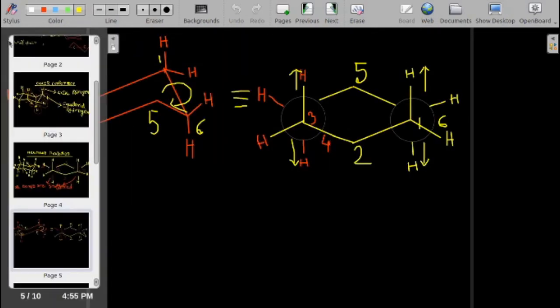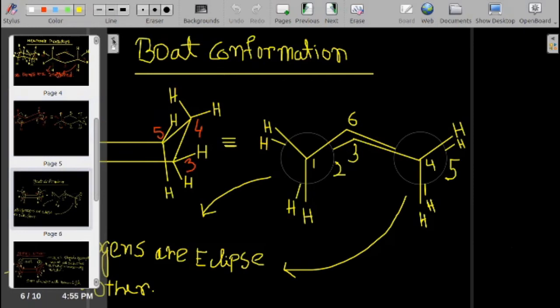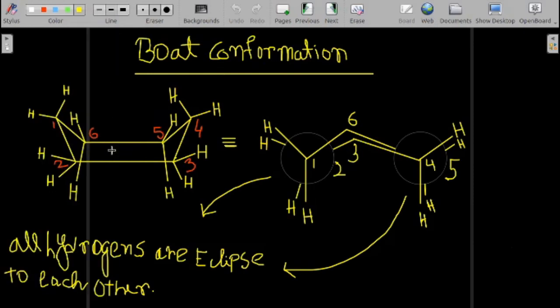So now we will talk about the boat conformation. This is the boat conformation of cyclohexane. This is carbon 1, carbon 2, carbon 3, carbon 4, carbon 5 and carbon 6.